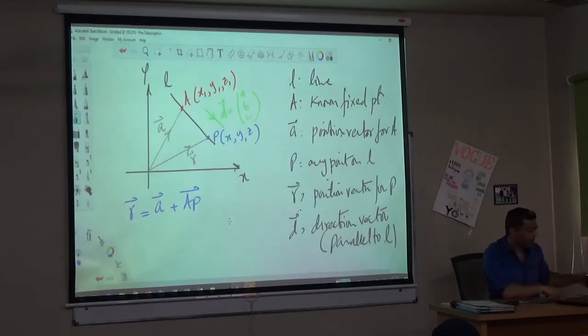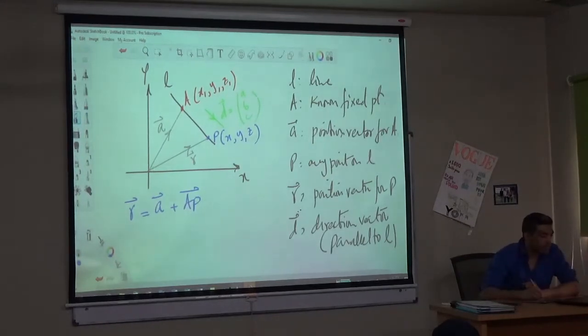Let's say there is a vector AP, a vector between point A and point P. I am calling it vector AP. So can I say A plus AP is equal to R? Head to tail rule, simple addition of vectors.